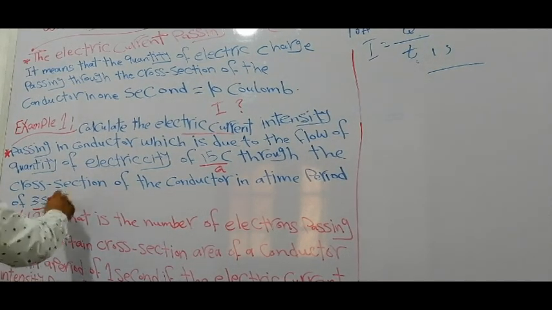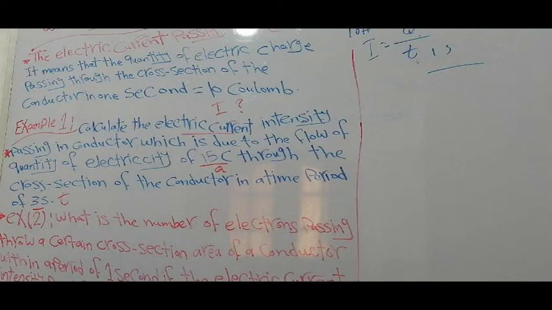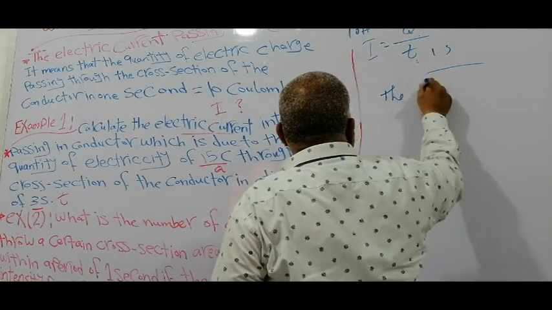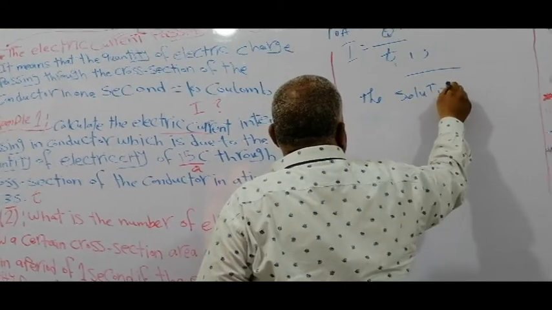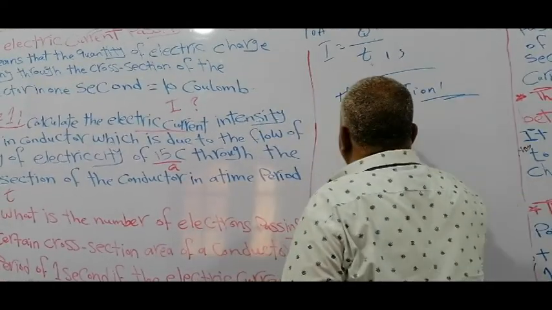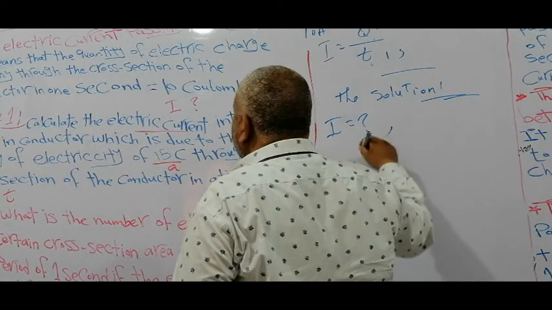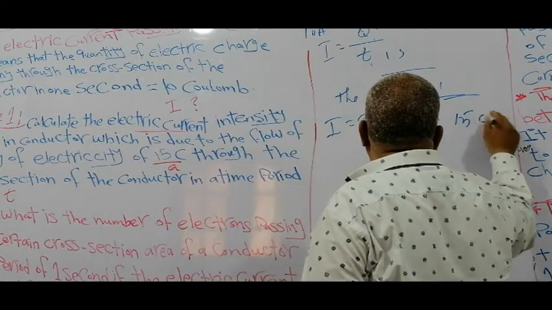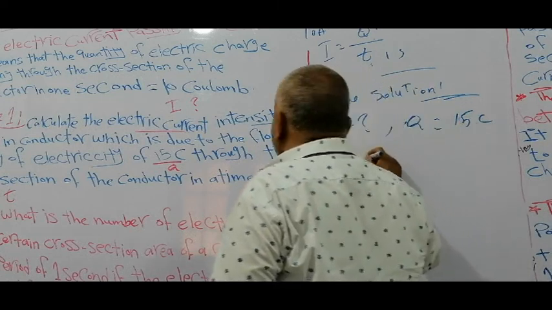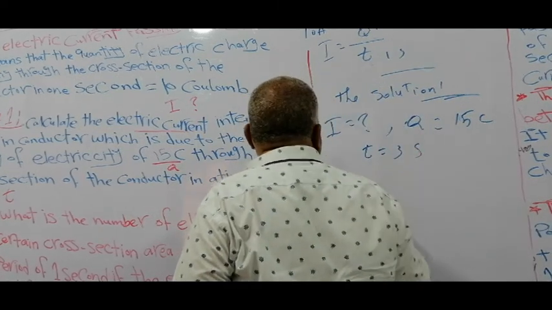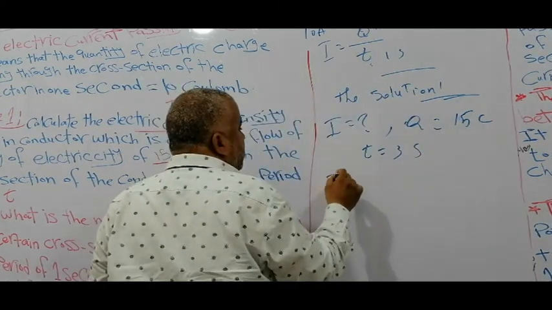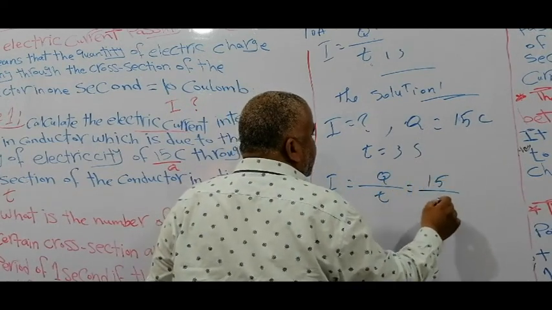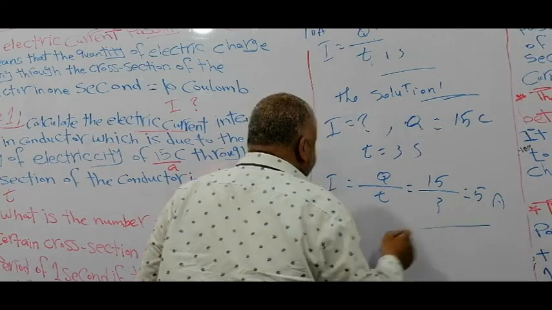This is T. The solution: I is unknown, Q equals 15 coulombs, T equals 3 seconds. The relation I equals Q over T, 15 over 3, equals 5 amperes.